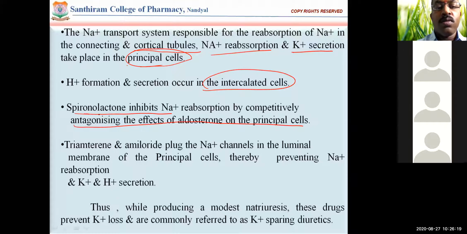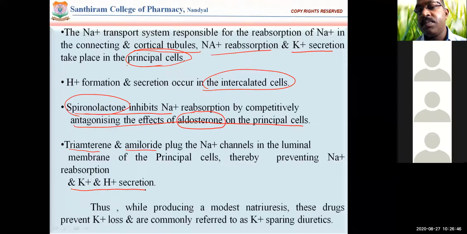So here the spironolactone will compete for the aldosterone hormone and thereby prevent the action of site 4. Then the other drugs are triamterene and amiloride. They will plug the sodium channels in the luminal membrane of the principal cells, thereby preventing sodium reabsorption and K plus and H plus secretion.